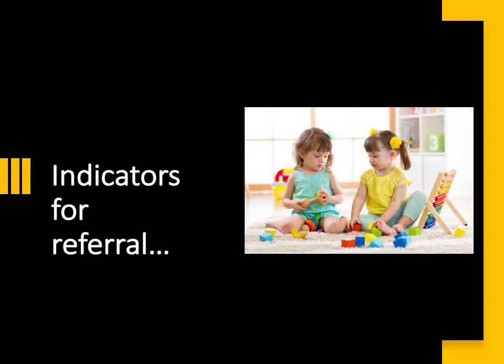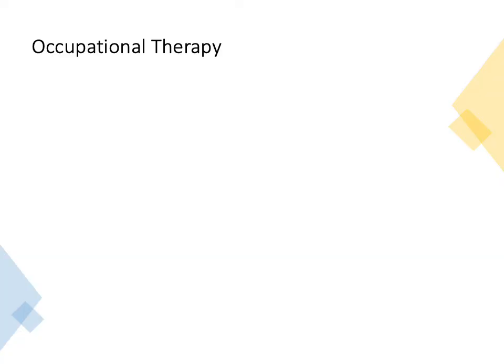So, indicators for referral. Remember that we often need to go into our ASEQA developmental checklist and have a look at what's expected and the things that are out of the range. So, when to seek appropriate directions. Let's think about if we want to seek referrals for an occupational therapist.